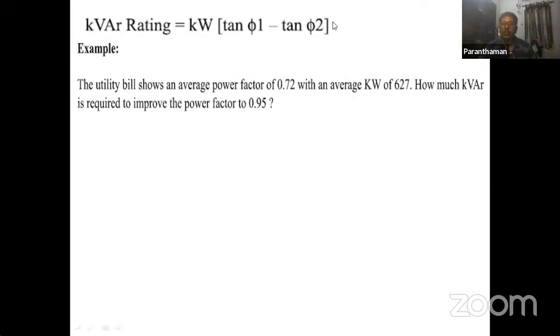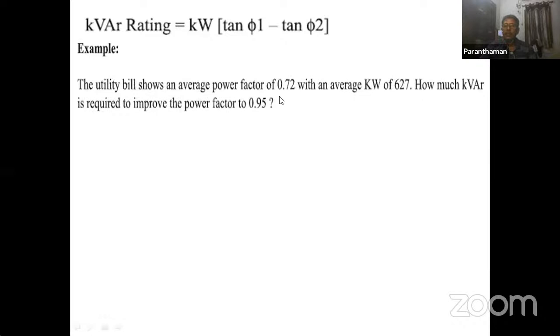These are all modified formulas from what we studied in the degree course. We are not aware of all these things. These are all modified to suit, so that you can directly place the values in the formula to find the required data, required rating and all.